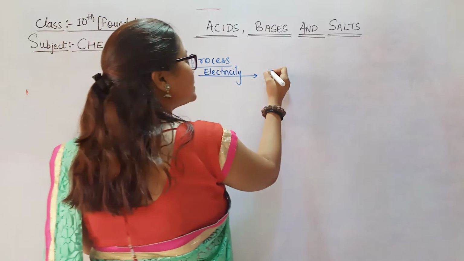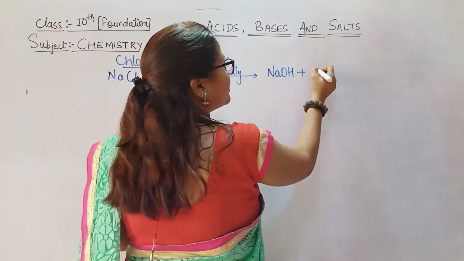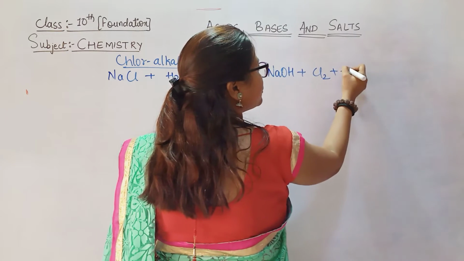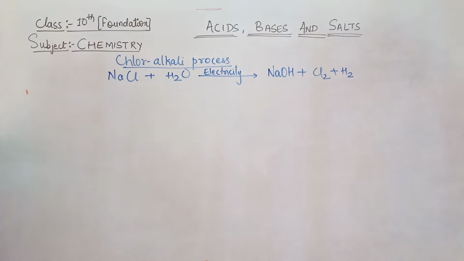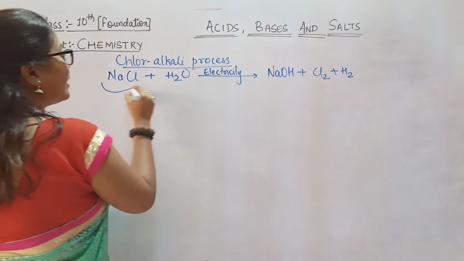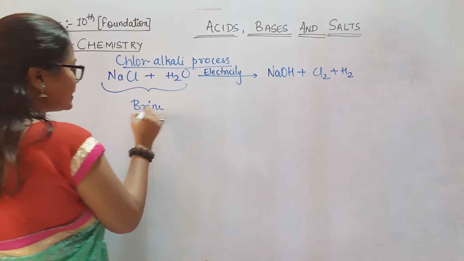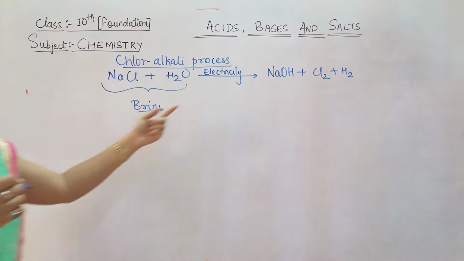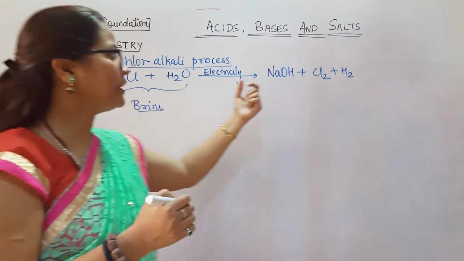What were the new substances? NaOH and Cl2 and H2. These were the new substances which were formed. So in this we have seen that NaCl and water together are known as brine, and when electrolyzed it forms NaOH, Cl2 and H2 gas, right?